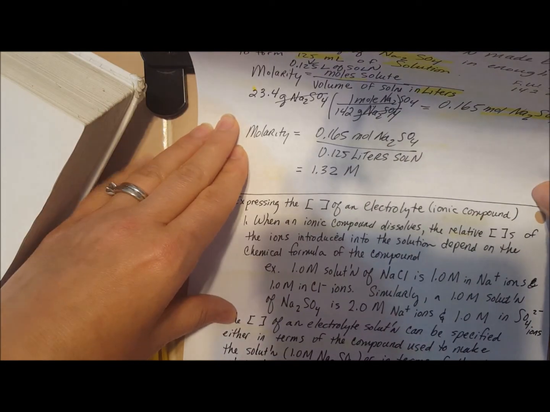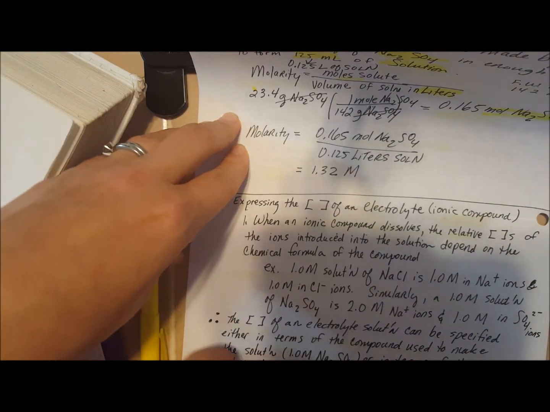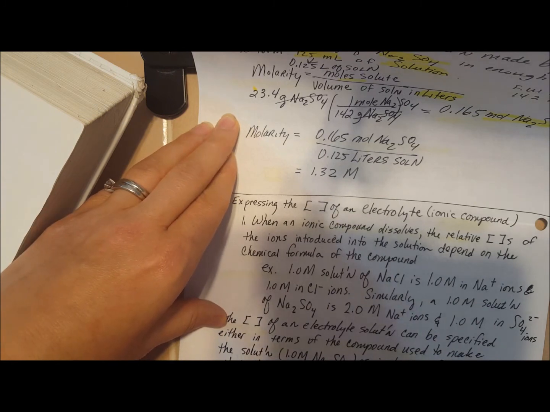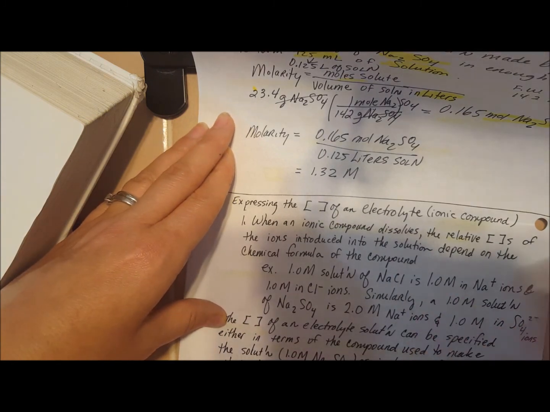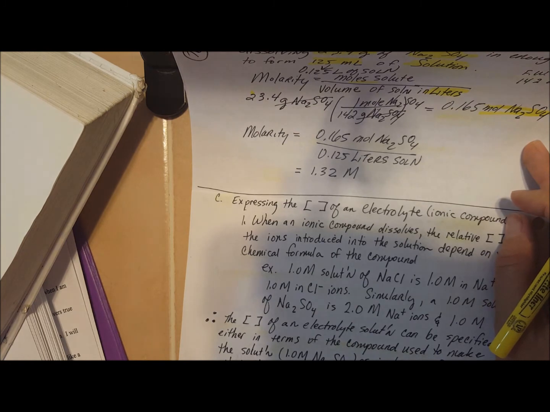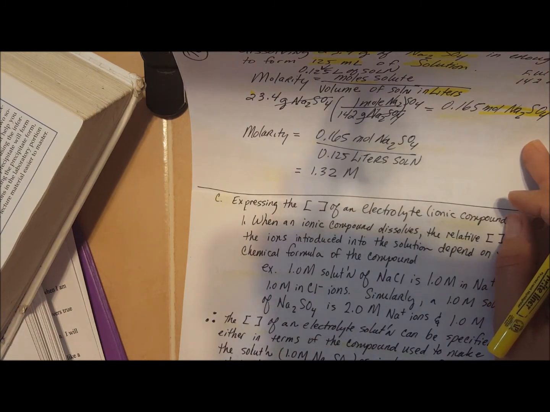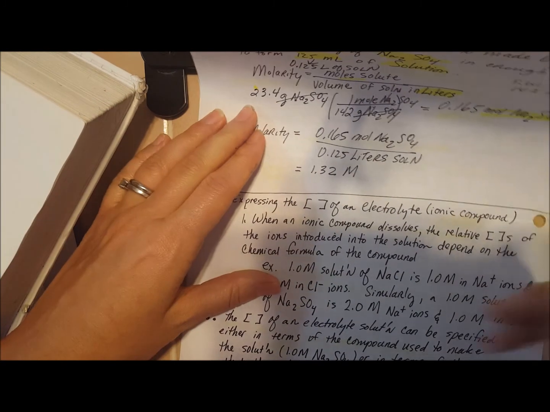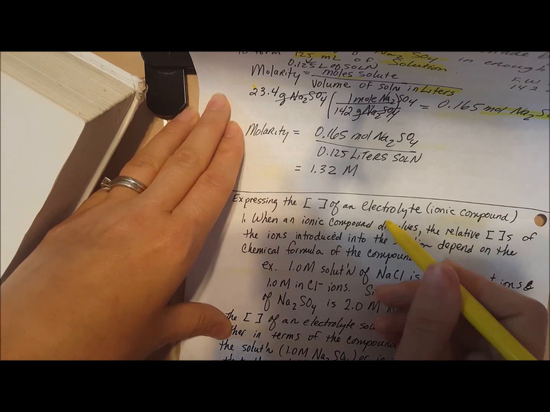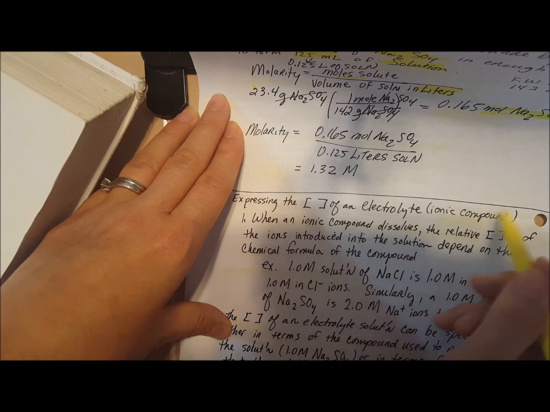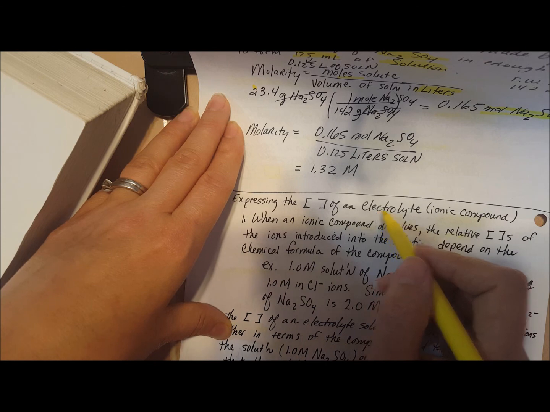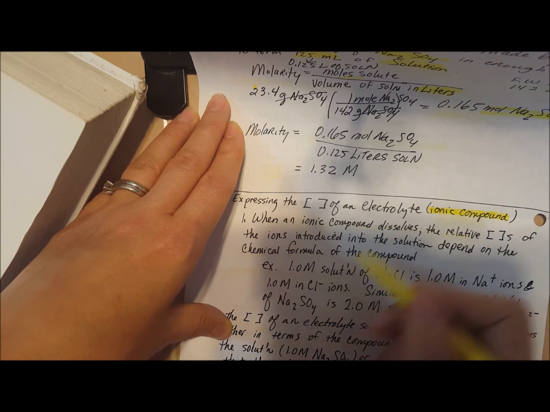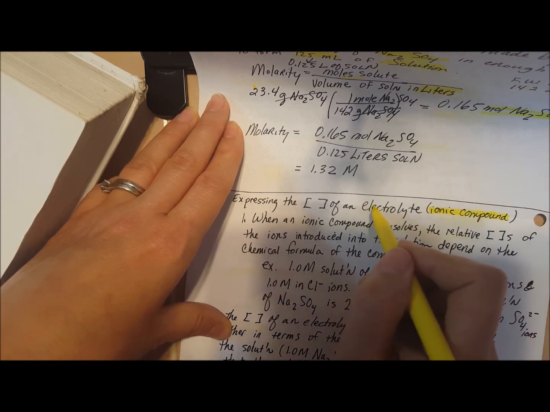Expressing the concentration of an electrolyte, which is an ionic compound. All right, so now we're going to talk about expressing the concentration of an electrolyte. And we remember that electrolytes are always ionic compounds, sometimes acids and bases.